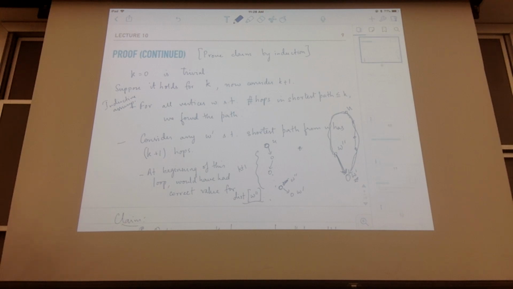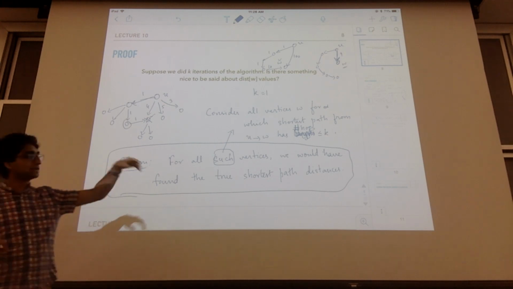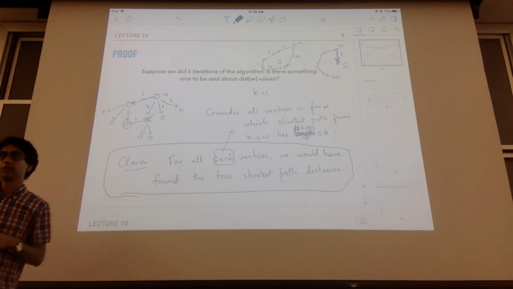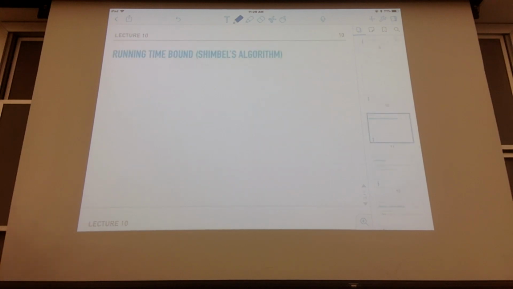So this is the reason the inductive step works, and you have this claim that for any vertex where the shortest path has k hops, you would have found the shortest path distance to those vertices after k iterations. Alright, so now can you use this observation to bound the running time of the algorithm?